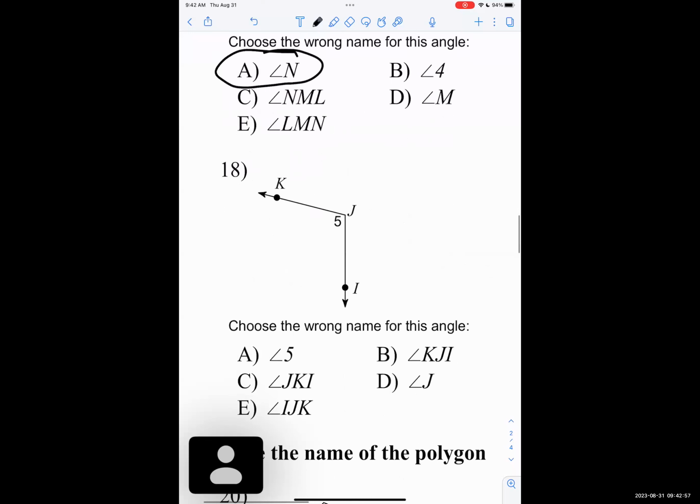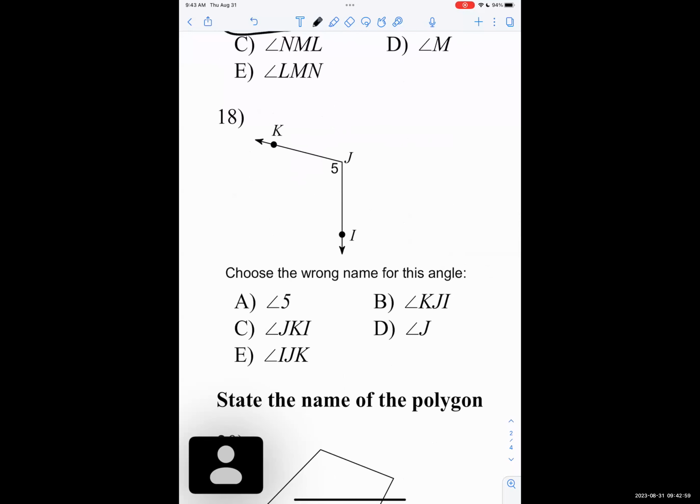How about 18? Choose the wrong name. Which of these could not be the name and why? What do you think? Could we call it angle 5?